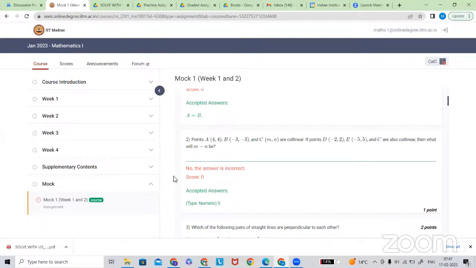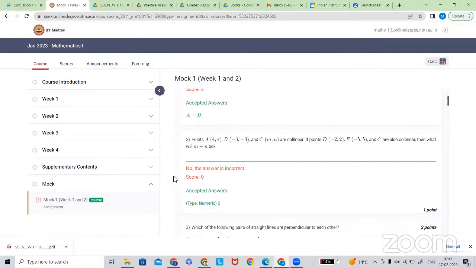So how are you doing it? Sir, I am trying to do this using the area of a triangle. If the area of the triangle is equal to 0, then they are collinear. So I put both of them equal to 0, then I put both equal to each other, and I get my answer as 4.